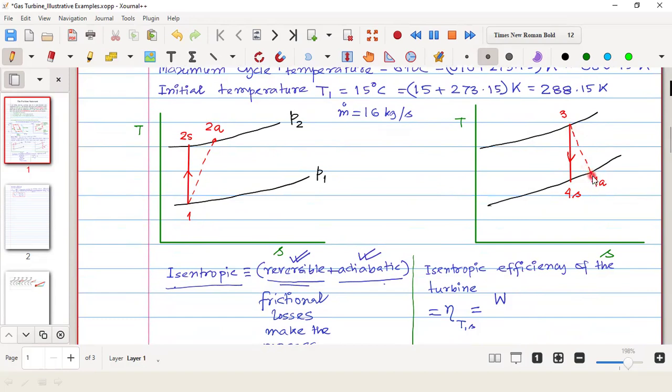That is, it is actual work output during the actual process divided by the work output, or enthalpy change, during the isentropic process.